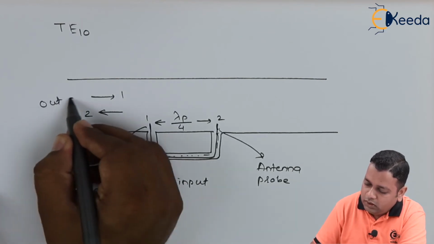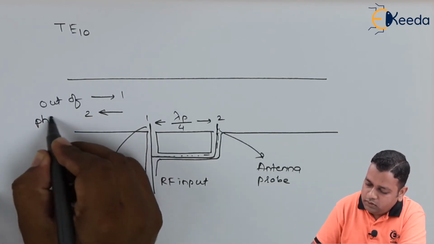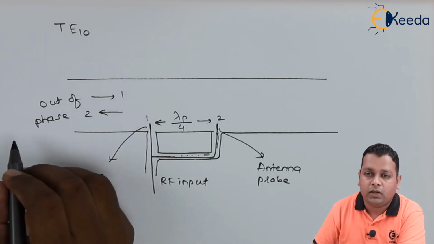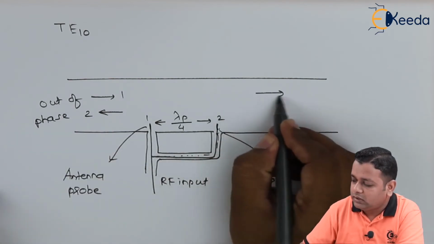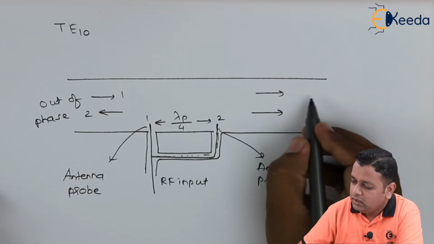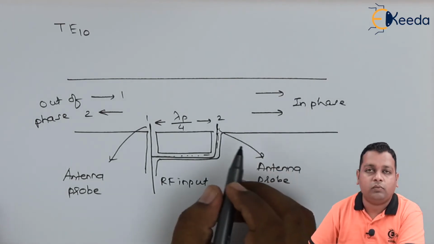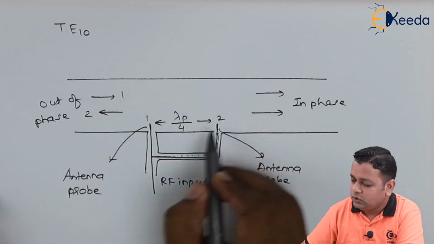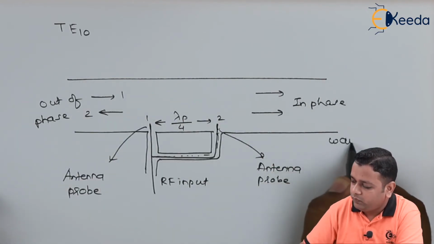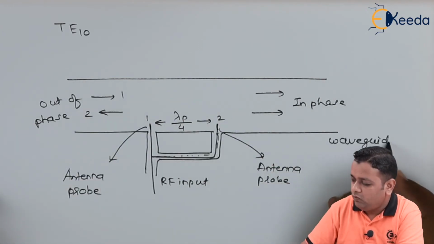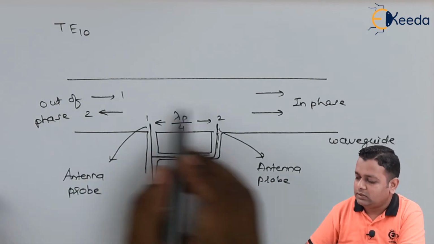Here the arrangement can be such that we have the direction for 1 like this, and the direction of 2 like this. This we can call out of phase. And when both directions are like this, we can say this is the in-phase combination of the probes, and these two walls are nothing but the waveguide walls. Let us say this is the side view.